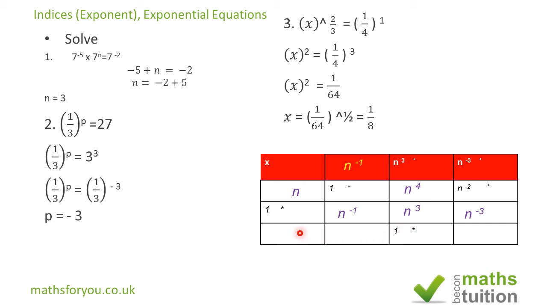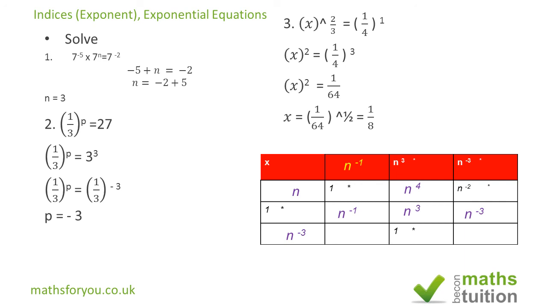We want to multiply an expression here by n to the power minus 3 to give us 1. That's very similar to what we did there. So you want to multiply n to the power 3 by something to give us 1. So we want n to the power 0, which means that we need here n to the power minus 3, because minus 3 plus 3 will give us 0. Now n to the power 0 is 1.